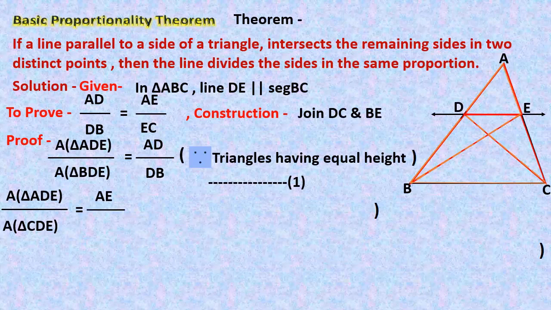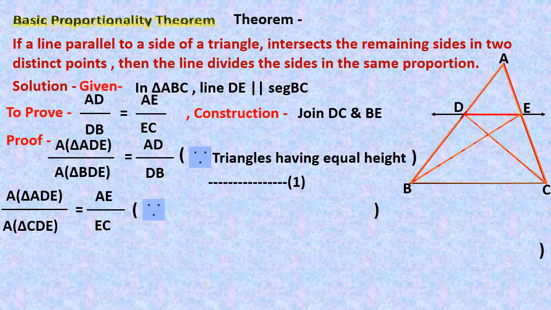Areas are proportional to their bases because from point D we get equal heights. The reason is triangles having equal height. That is equation 2.